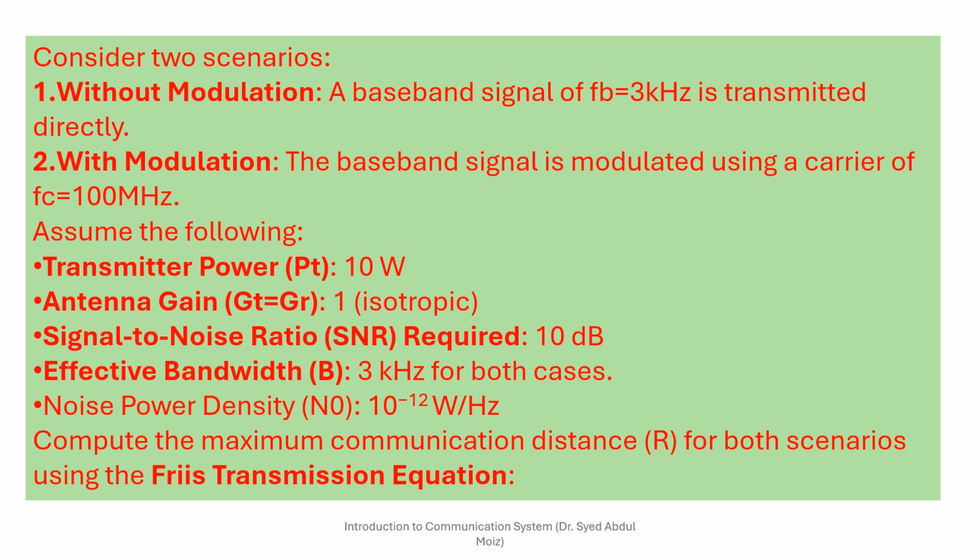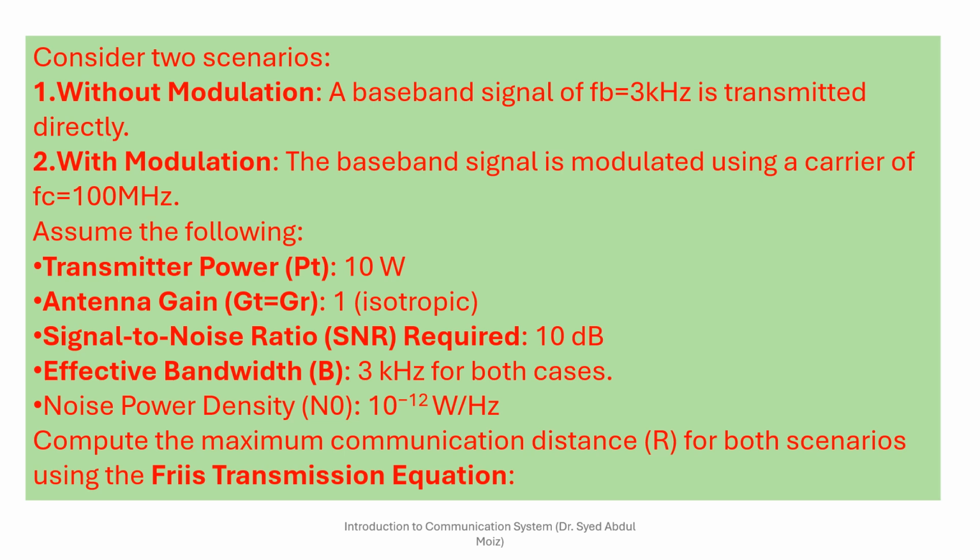We assume the following parameters for both scenarios: the transmitted power is 10 watts, and the antenna gain of both the transmitter and receiver is approximately 1. In other words, both the transmitter and receiver are isotropic in nature.